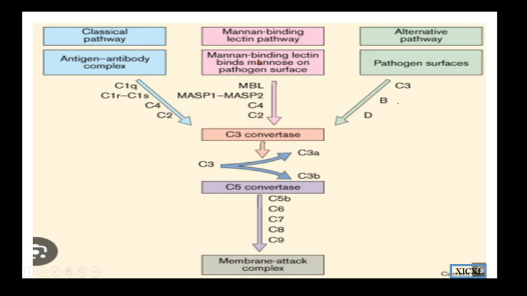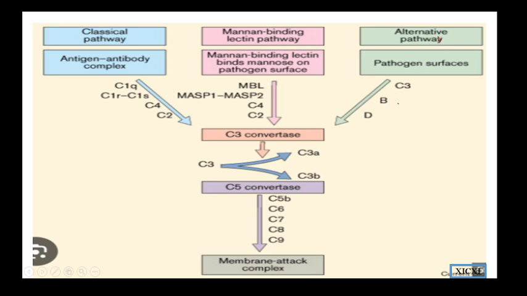The lectin pathway is activated when the pathogen has mannose on its surface, in its cell wall. Which cascade now? Lectin pathway. Now, suppose that there is an endotoxin like lipopolysaccharide.